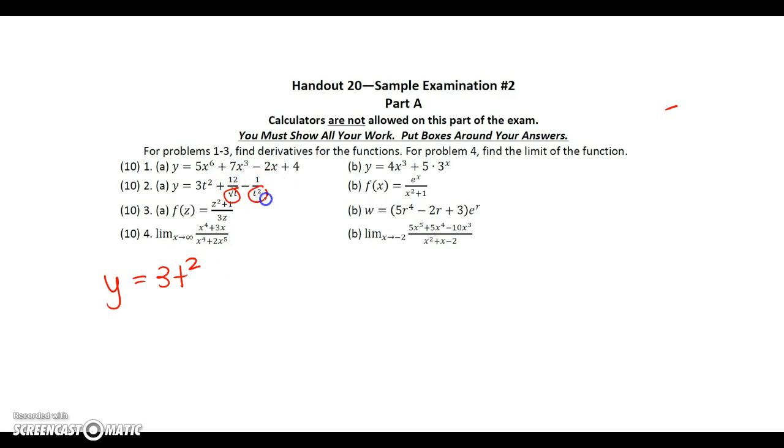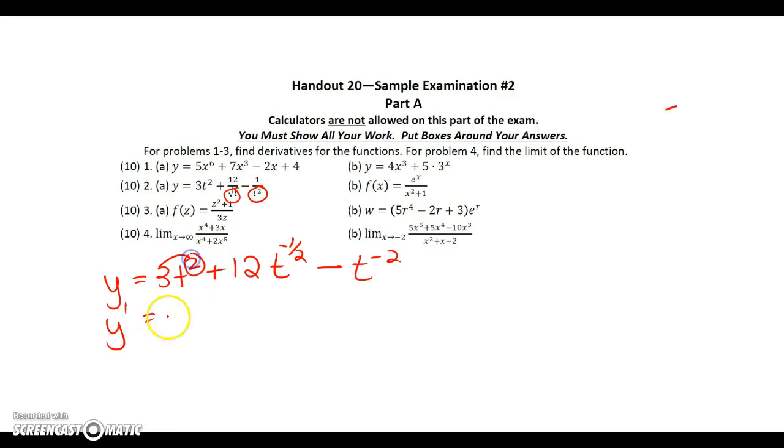What I'm going to do is rewrite those exponents in the denominator so that they're all numerator level. So this will be 12, and this is t to the negative 1/2, minus t to the negative 2. Now we can more easily take that derivative.